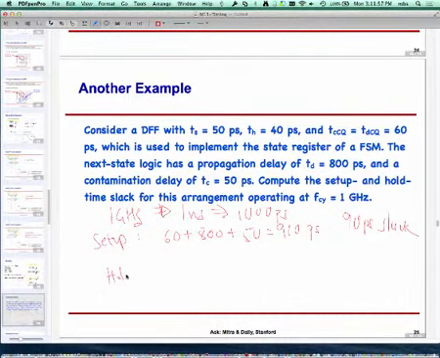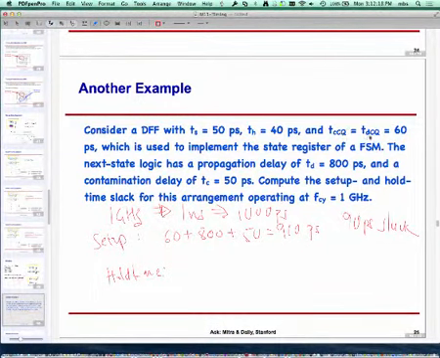What about hold time? 70 picosecond. So that is correct. For hold time, we look at the contamination delays.